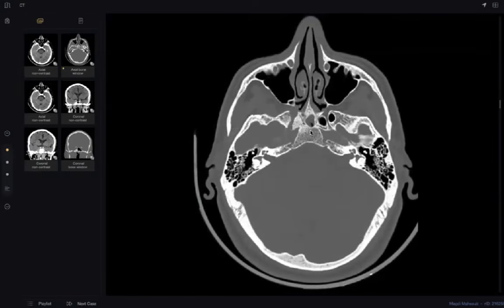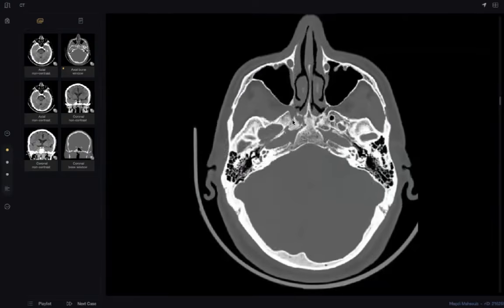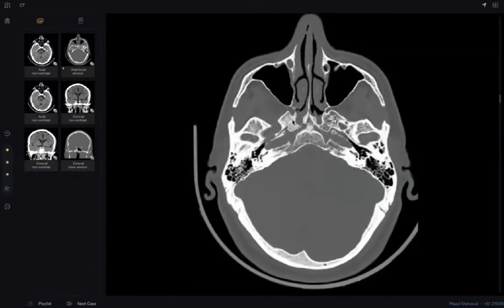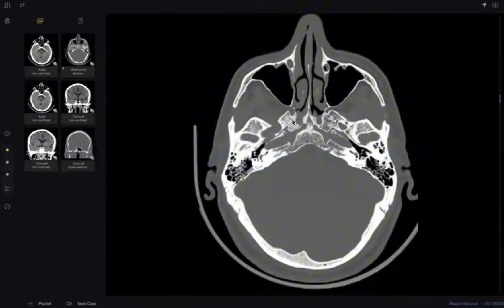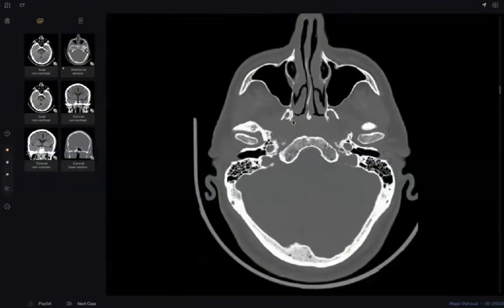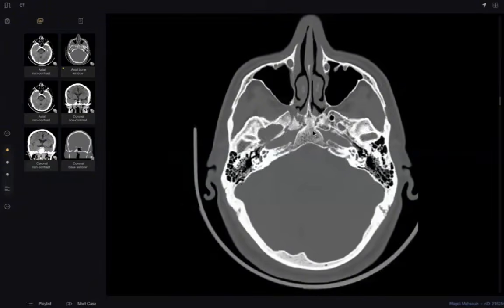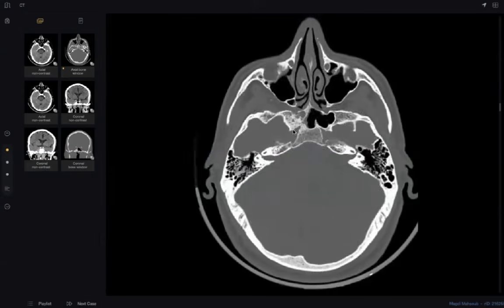So the main abnormality is at the level of the foramen lacerum, the horizontal part of carotid canal, and sphenopalatine foramen leading into pterygopalatine fossa, which has some widening and some irregular erosions. I would like to see the foramen ovale and spinosum. I cannot see these two, foramen ovale and spinosum, on the right side as well.